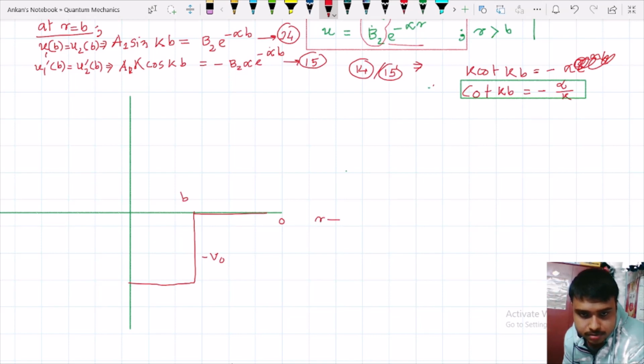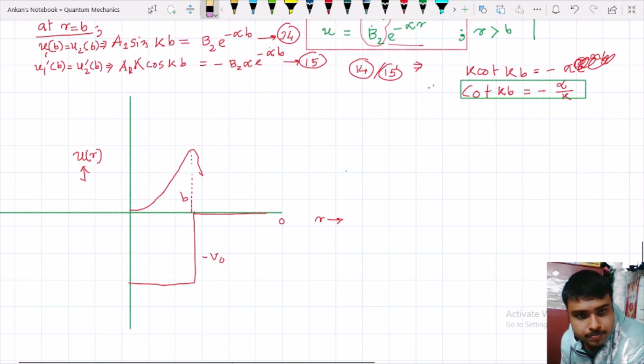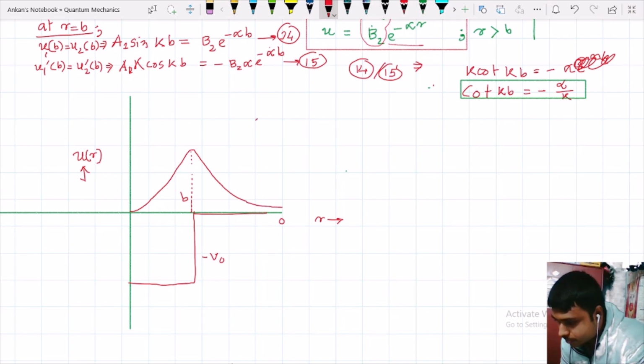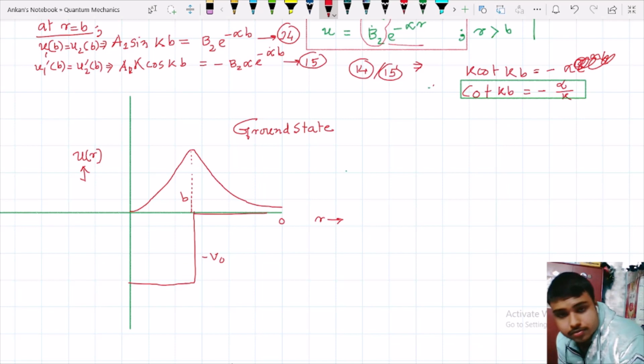This was the position R and this is R. If we plot the function u(r) here, then we will notice that the wave function becomes this, since it is continuous, and then exponential decay occurs. So more or less this. So this is the ground state, the bound ground state of the 3S deuteron.